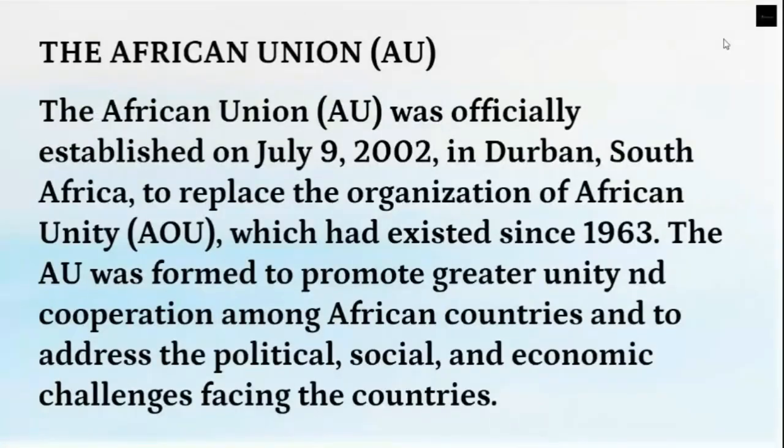The AU was formed to promote greater unity and cooperation among African countries and to address the political, social, and economic challenges facing the continent. That's the purpose of the African Union, from OAU to African Union.